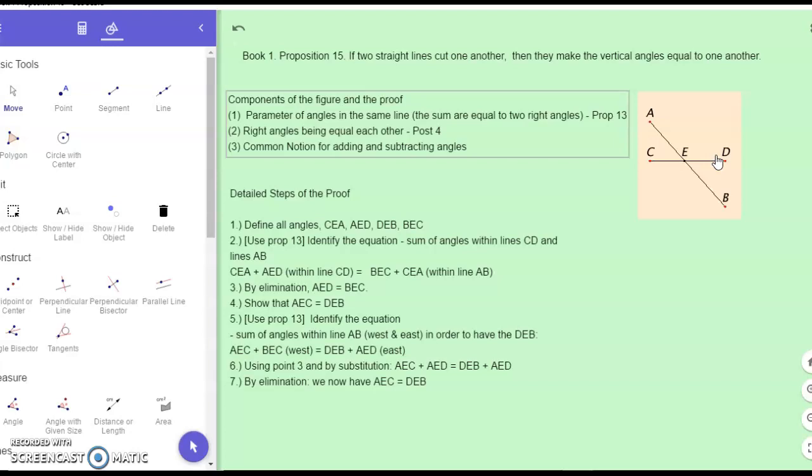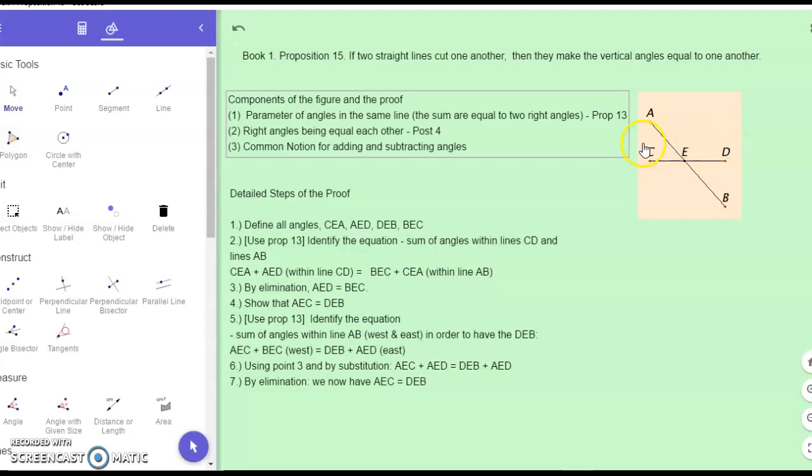So what do we mean by the corollary? For example, we have line CD and line AB. They intersect and pass through each other. Taking line CD with line AB intersecting it, we have the northern hemisphere and the southern hemisphere. At the northern hemisphere, we have two adjacent angles, and the sum of two adjacent angles, because they stand on the same line, is equal to two right angles.